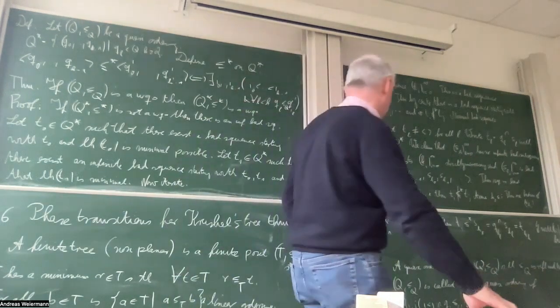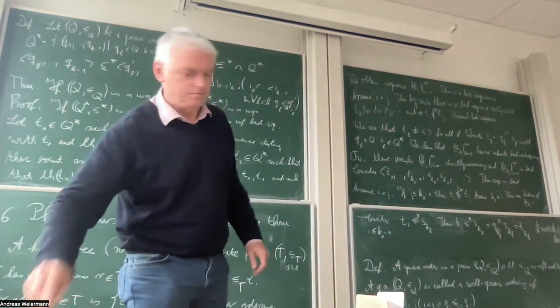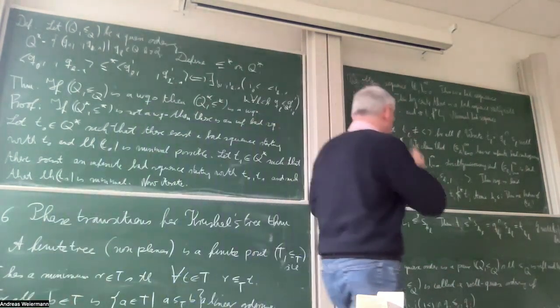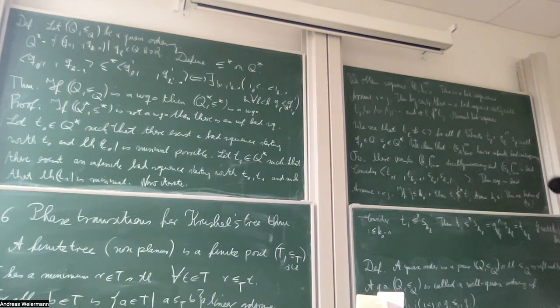But we are not yet done. Do you say that SKL is the same as QKL SKL? That's by construction. And maybe I got it wrong. What do you mean then with TL? TL is a finite sequence starting with an element in Q and then some other finite sequence. Yes, yes.